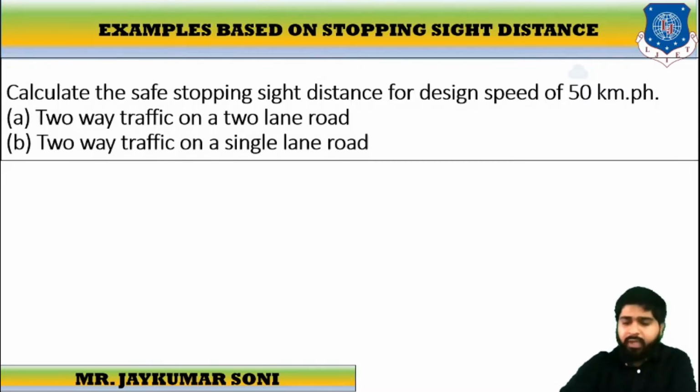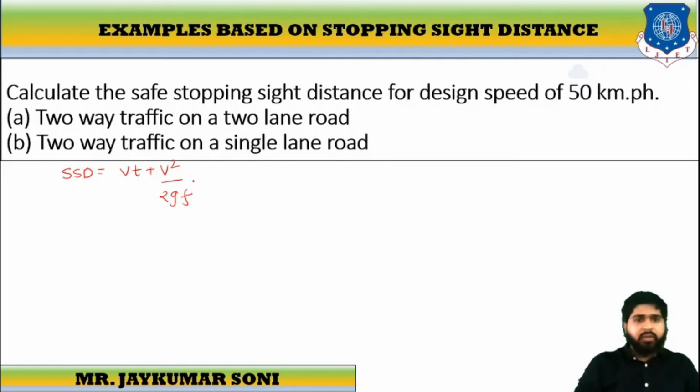We have understood that in order to calculate SSD, we need V, T, V square, 2gf. These are the criteria. But out of all these things, we only have the design speed of 50 kmph, in kilometer per hour, and in our equation we need the speed in meter per second. So first of all, we will write down the given values.